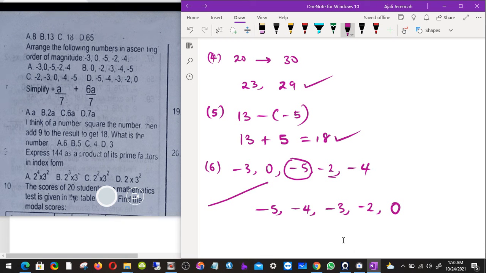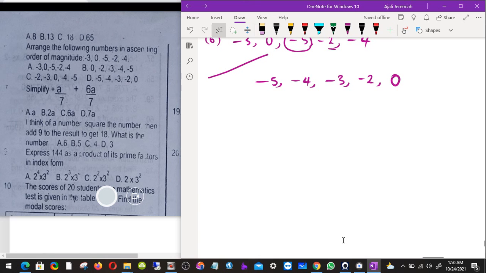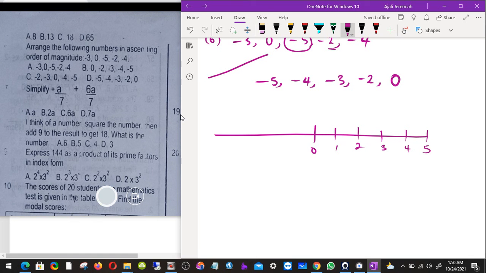The easiest way to remember numbers in ascending and descending order is to remember your number line. If you know your number line, you won't have issues arranging numbers in ascending or descending order. So let's assume this is your number line, and this is 0. You know this way is positive, so this is 1, 2, 3, 4, and 5, and this way it's -1, -2, -3, -4.